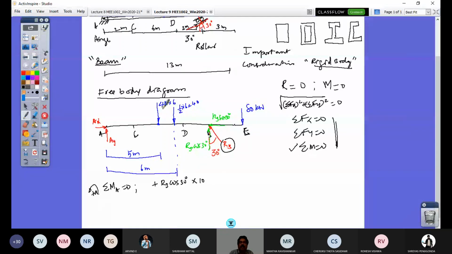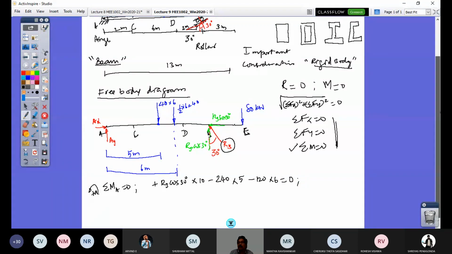Here this is 240, so minus 240, and the moment arm is this distance, which has a clockwise moment effect. So that is 240 into 5 meters, and minus 120 into 6 meters. That's all equal to 0.